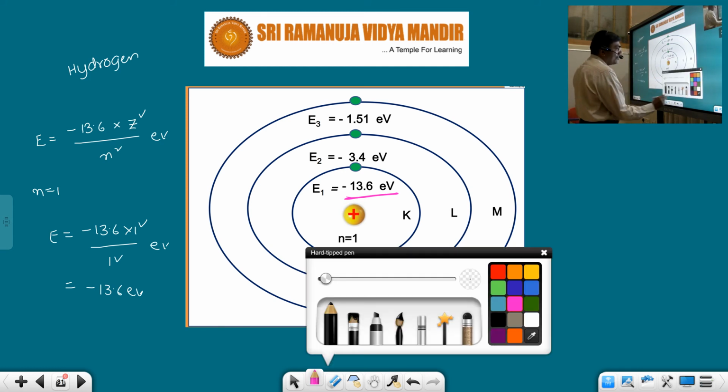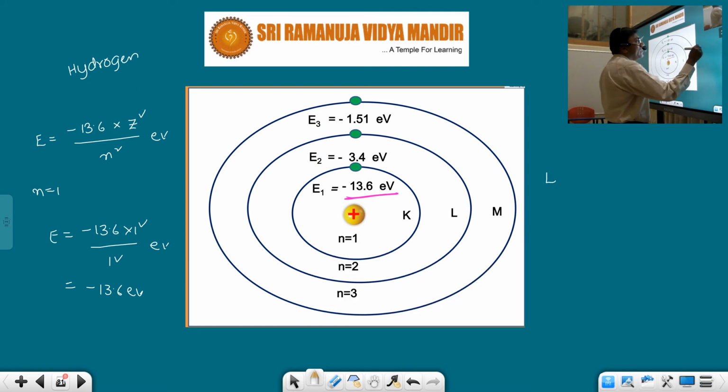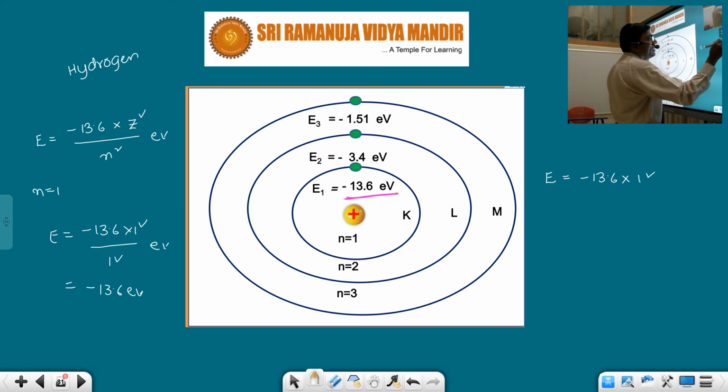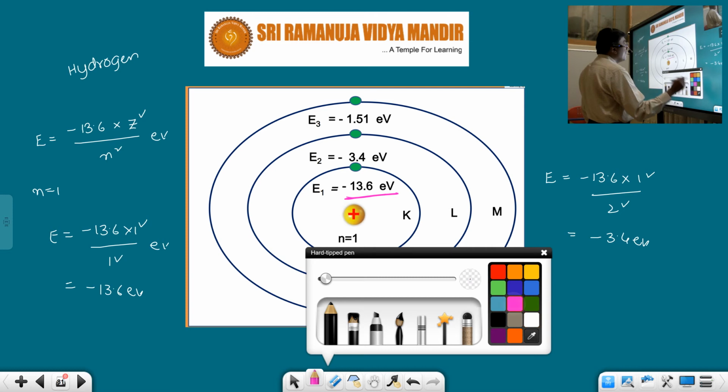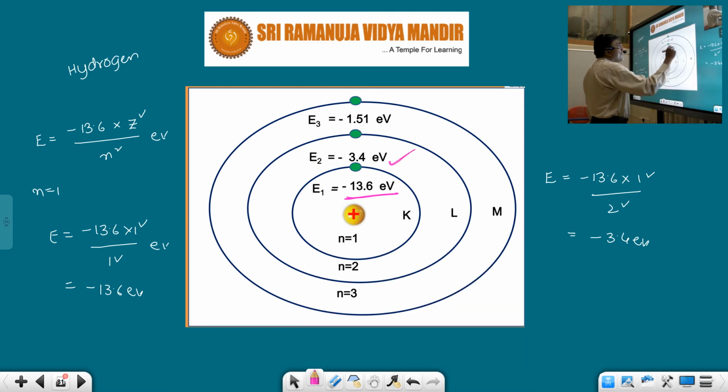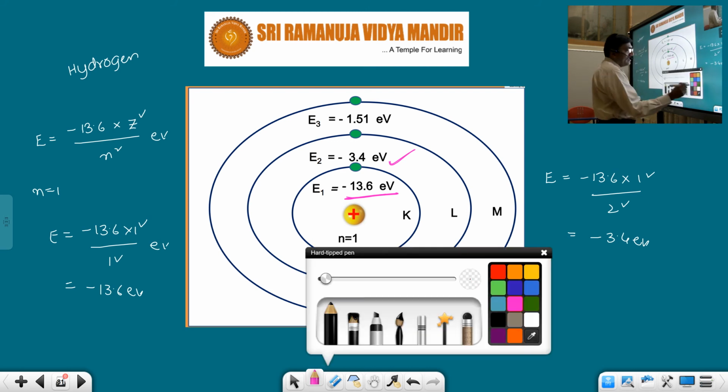Shall we find the second orbit, students? Energy is equal to minus 13.6 into Z square, Z is 1 only, by 2 square. If you calculate, you get minus 3.4 electron volts. So I hope you are very clear. Now we will calculate for the third orbit.